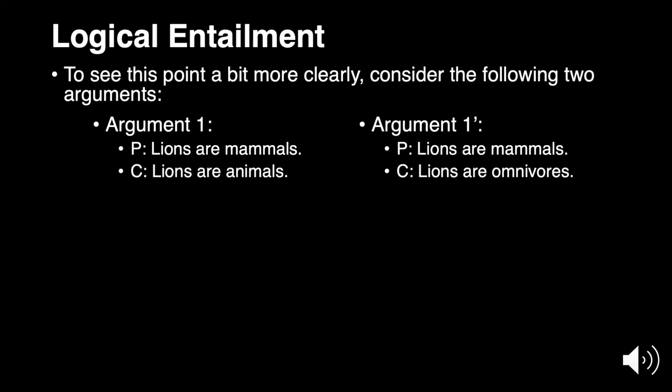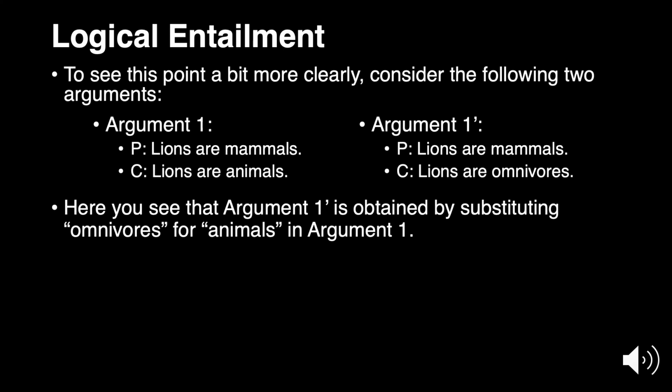Argument 1 prime: lions are mammals, so lions are omnivorous. Here you can see that argument 1 prime, the argument on the right, is obtained by substituting omnivorous for animals in argument 1.